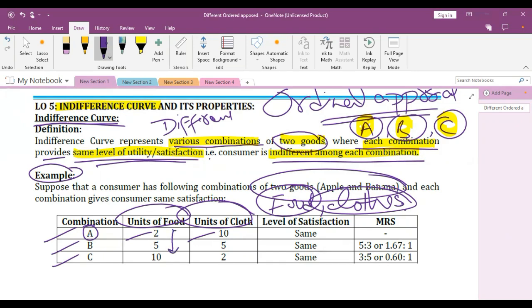So in order to increase the quantity of one good, you must decrease the quantity of the other good. So the satisfaction level or the utility level should remain the same. So point B is the second combination.